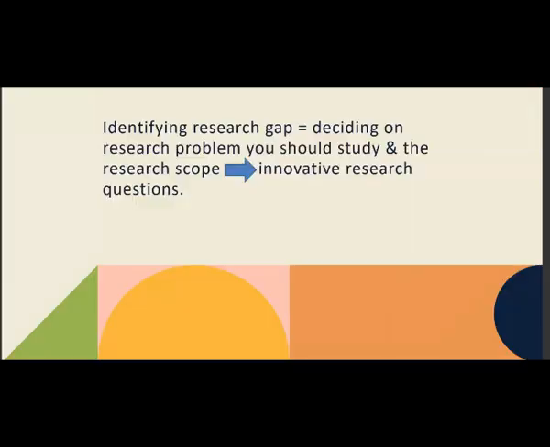So basically, for you to identify a research gap, to sum up what I have said in the last two slides, it is actually about deciding on your research problem that you should study, and also deciding on your research scope, the area that you need to study, what you need to study, in order for you to come out with the innovative research question, in order for you to ask the relevant question that will make an impact for your research.